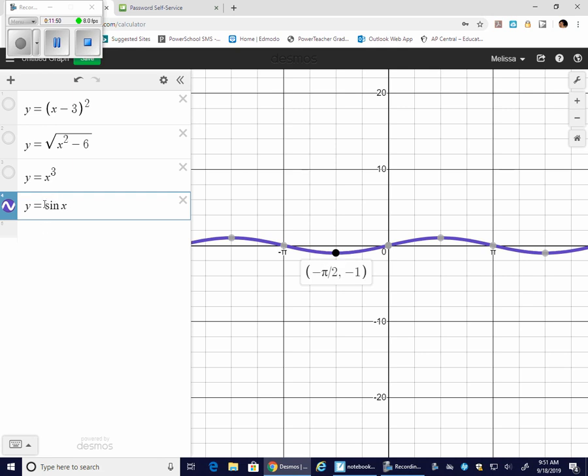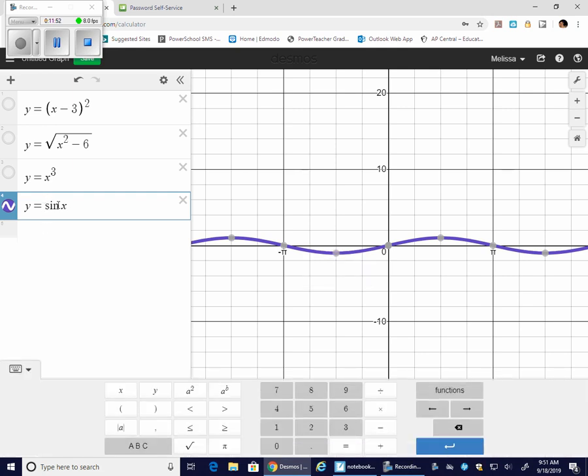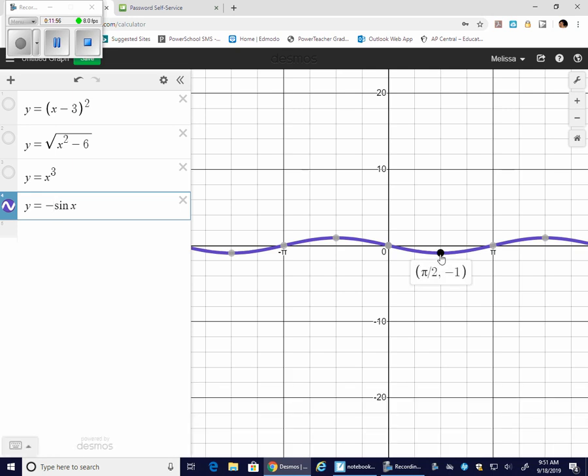And so let's think about if I transform this, if I make this a negative sine of x, is this still odd? Well, now I look at pi over 2, my output's a -1. If this function is still odd, then when I scroll along to a negative pi over 2, my output's now a +1. My opposite inputs will yield opposite outputs.